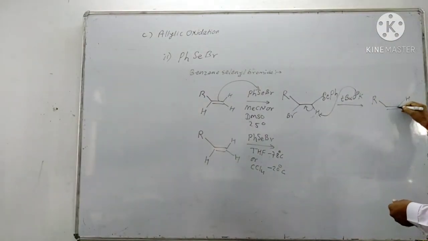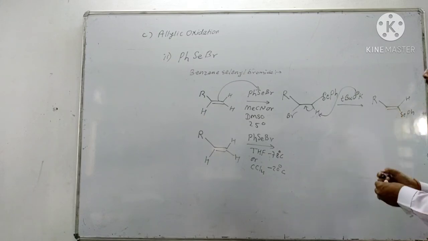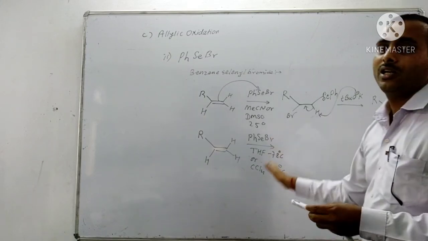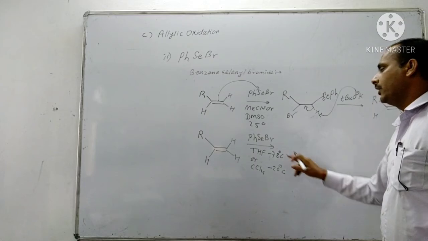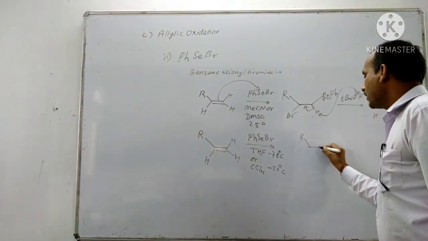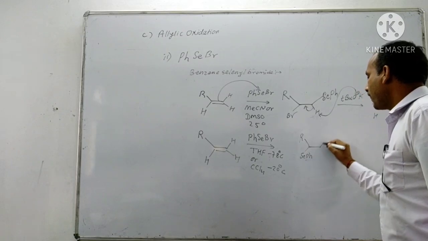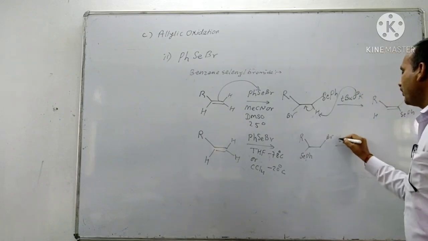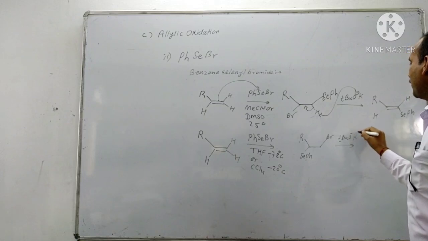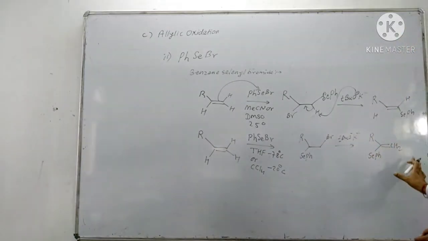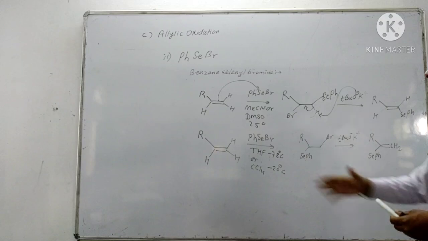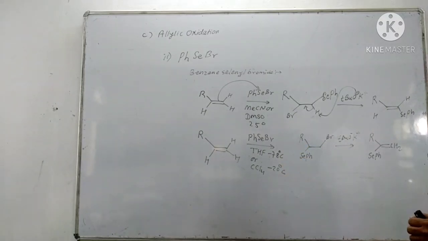Anti-product is formed, H, SePh, or here is H. But if it is at minus 78 degree centigrade, then the product is R, SePh, Br, and then in presence of potassium tertiary butoxide, there is formation of R, SePh, CH2 double bond C. Okay, so this product is obtained at 25 degrees Celsius, and the other product at minus 78 degrees Celsius or minus 20 degrees Celsius in different solvent.